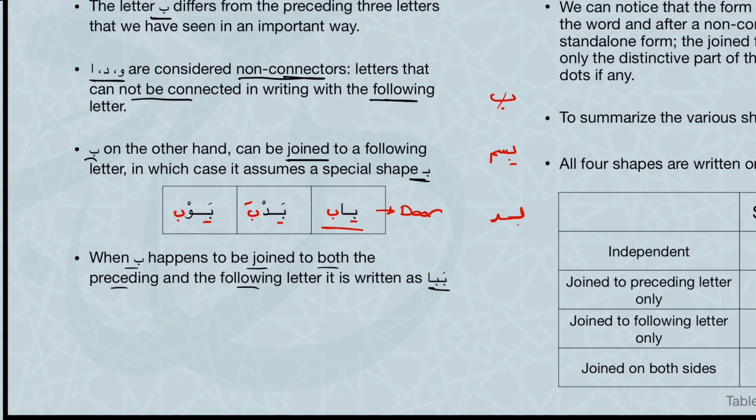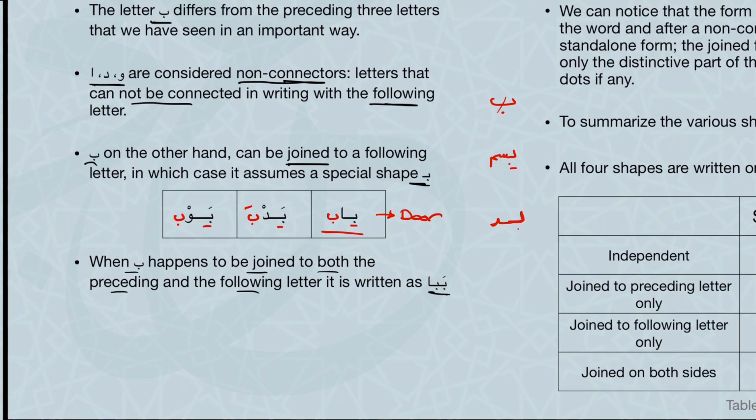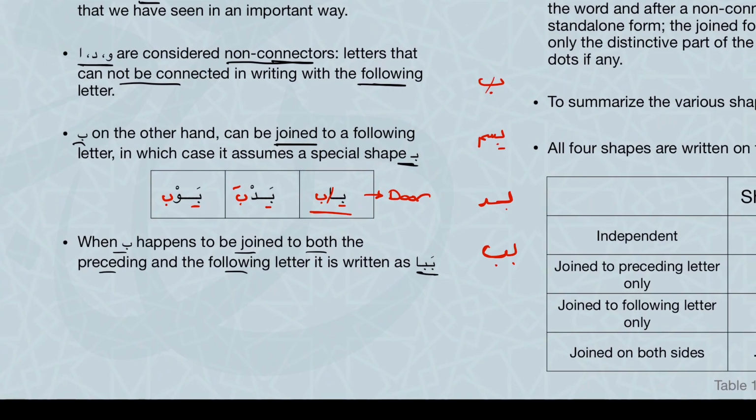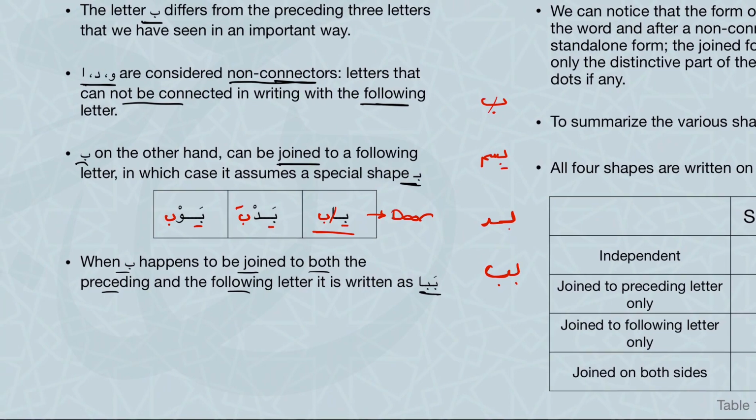But let's say I removed the alif from bab and I wrote ba. Okay, this is the final form. And let's say that I want to write three ba connected to each other. So this is the first ba, second ba, and third ba.